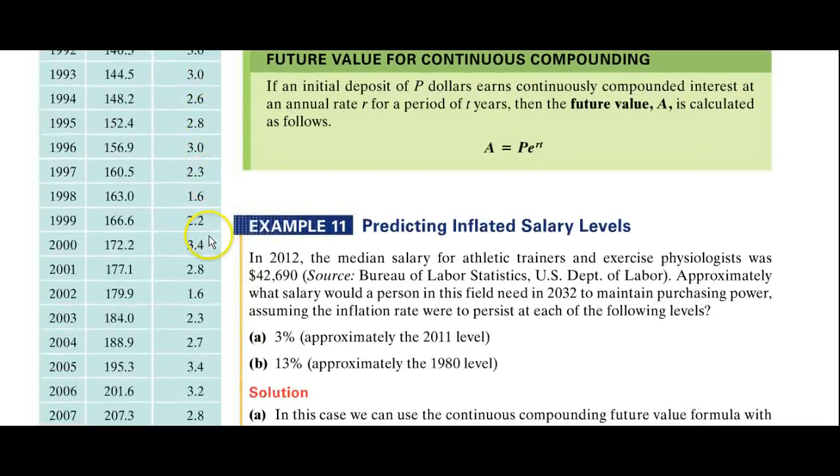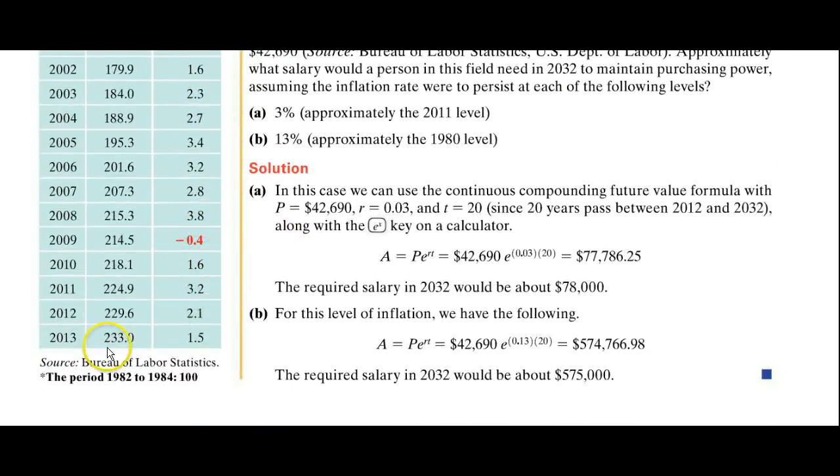And then let's see how far they go here. Wow, all the way to 2013. Now, notice in 2009, after the housing bubble burst and we had that recession, the consumer price index was actually negative.